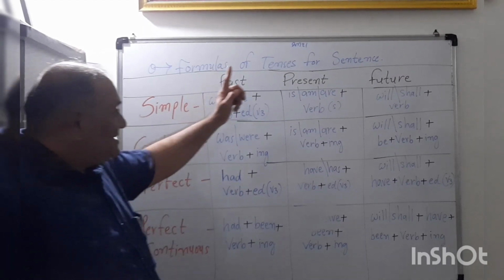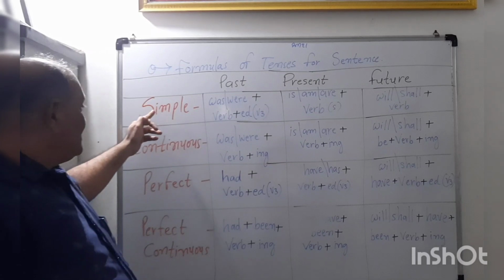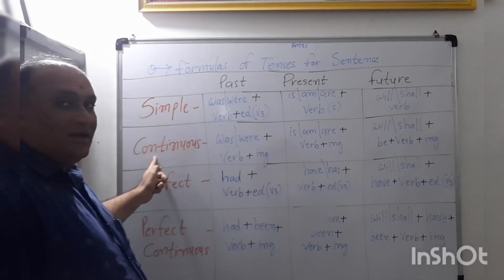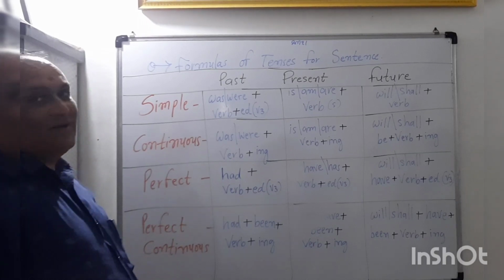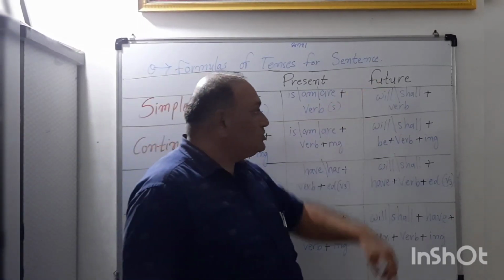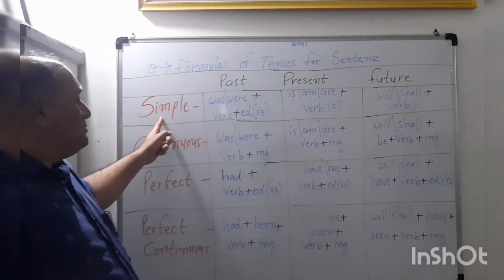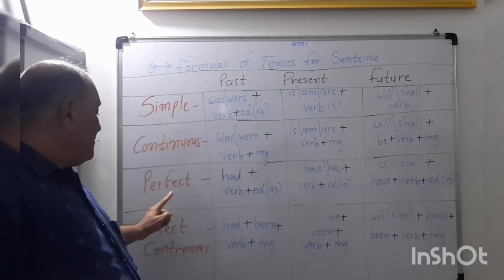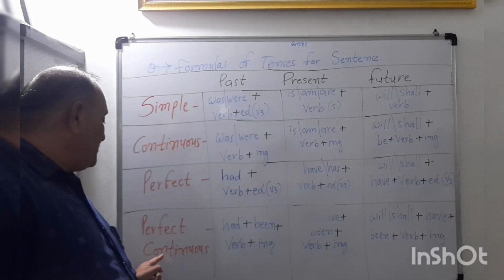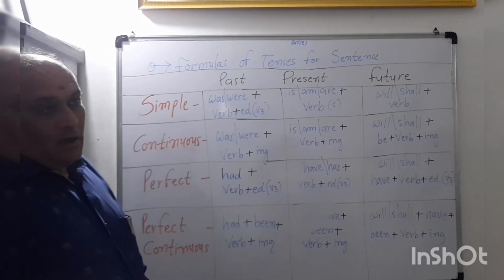In the same way in present tense: simple present tense, present continuous tense, present perfect tense and present perfect continuous tense. And in future: simple future tense, future continuous tense, future perfect tense and future perfect continuous tense.